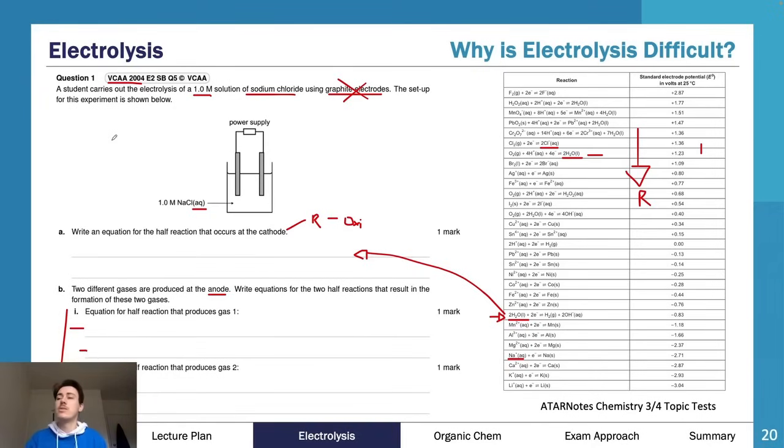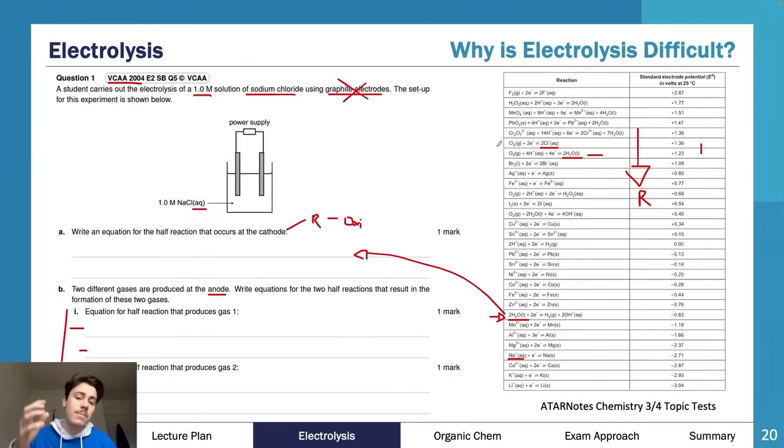The electrochemical series is done at SLC conditions. We understand that. SLC conditions: 1 molar, what else is there? 1 molar, 25 degrees Celsius or 298 Kelvin, 100 kilopascals if you're working with a gas. Cool. Now, therefore, these things are really close. Now, if you alter the concentration, these will change.